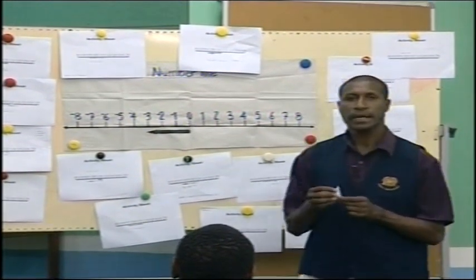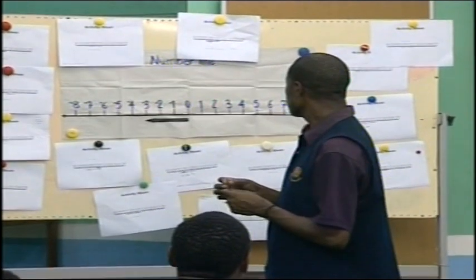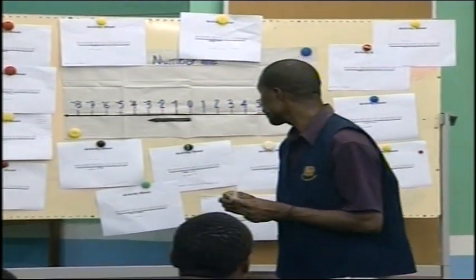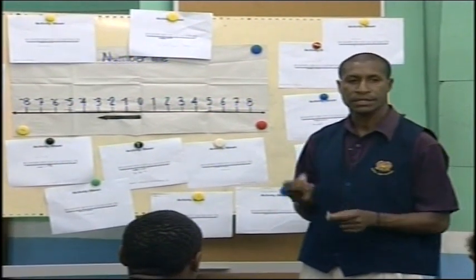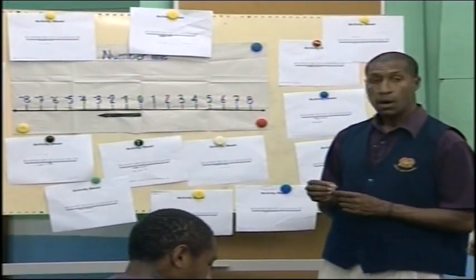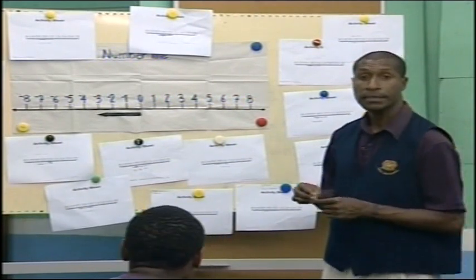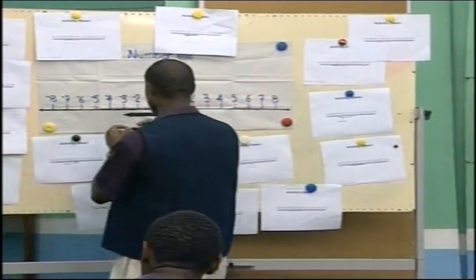So receiving students, if the second arrow is -1 and it starts at -3, where do you think it will finish? It will finish at -4.